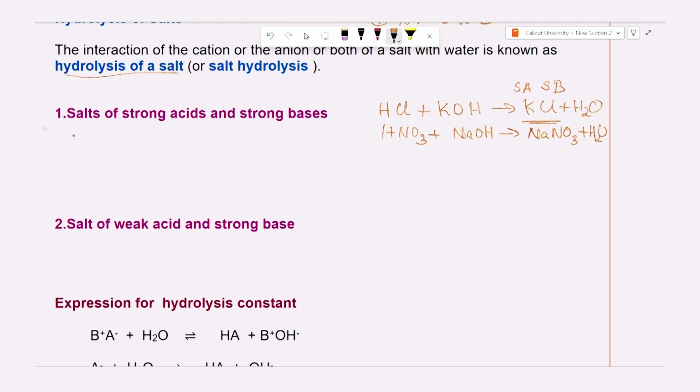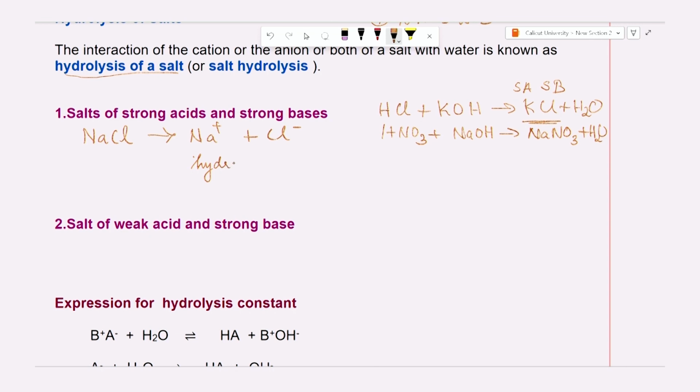Now, what happens here? Let me take an example, sodium chloride. Sodium chloride when put in water ionizes as Na+ and Cl-. Since these ions are from a strong acid and base, they are very stable and do not want to interact with water to release any other product. Instead, they may get hydrated.